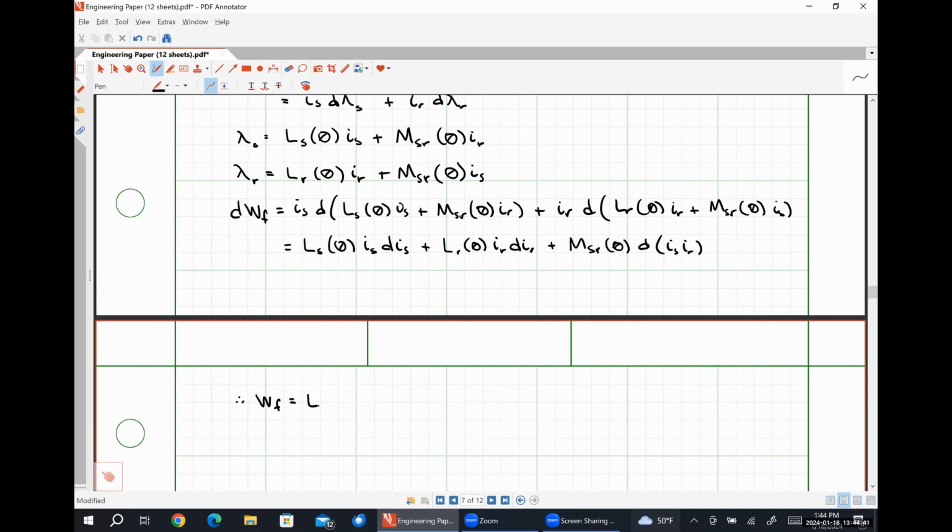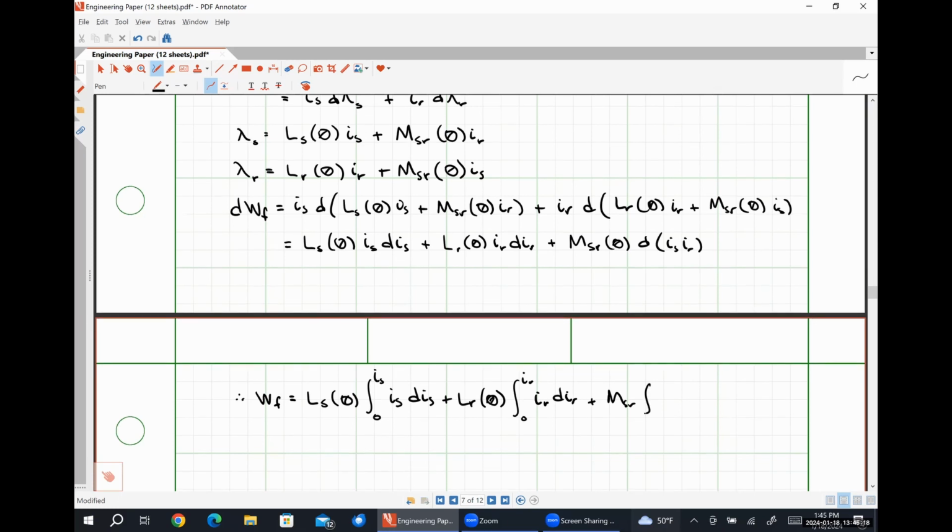So that's LS as a function of theta times the integral from 0 to whatever our stator current is of IS with respect to IS, plus LR times the integral from 0 to IR of IR dIR, plus MSR times the integral from 0 to ISIR of the change in IS times IR.